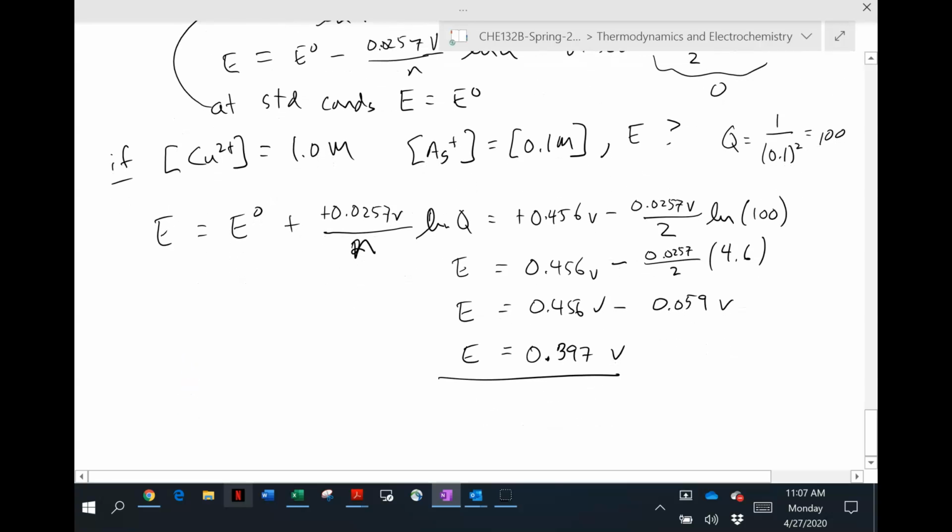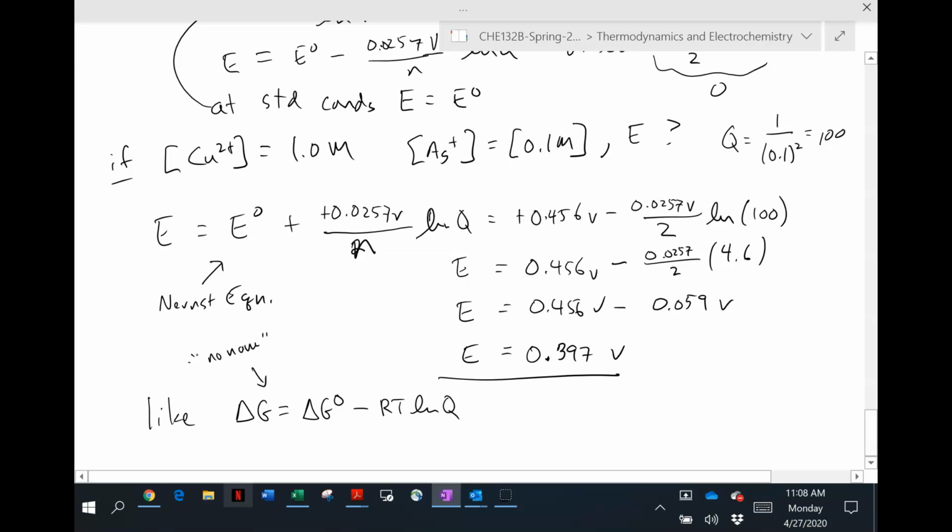This, of course, is like the similar equation for delta G, that delta G is equal to delta G naught plus RT ln Q. So it's a similar equation. This equation is known as the Nernst equation, N-E-R-N-S-T. To my knowledge, the delta G equation, poor thing, has no name. I don't know why it doesn't have a name, but I've never found a name for it.